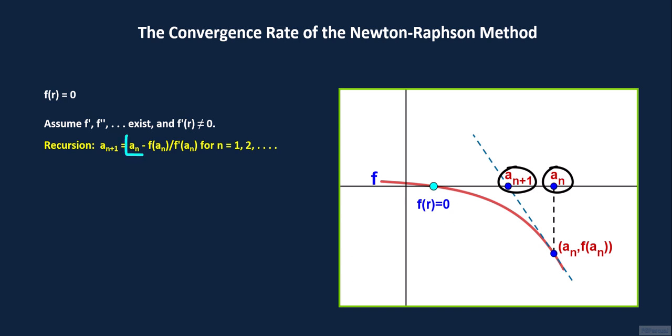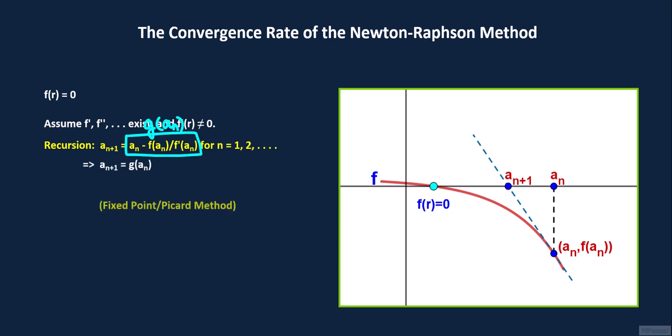We can treat the right side of the recursion as g of a sub n, so that a sub n plus 1 equals g of a sub n, and we have a fixed point method or Picard method going on here, where the equation x equals g of x takes the place of the equation f of x equals 0. g of x equals x minus f of x divided by f prime of x.